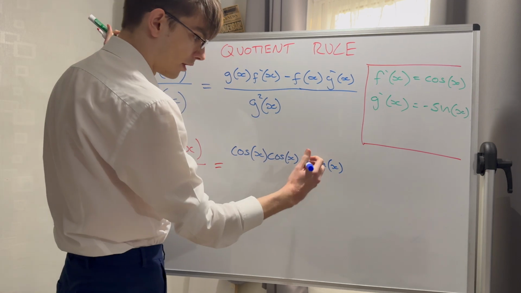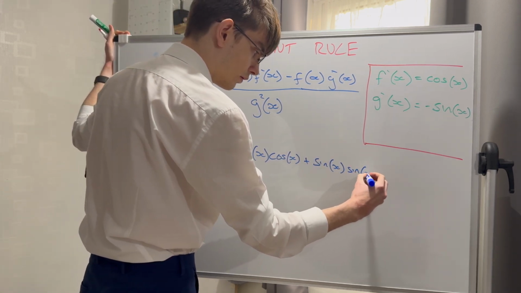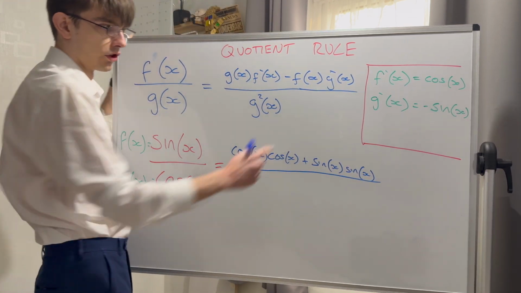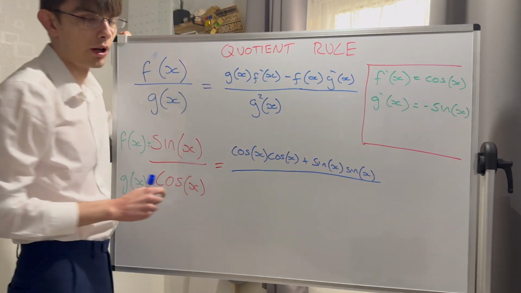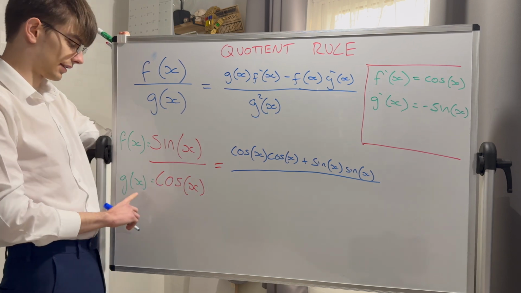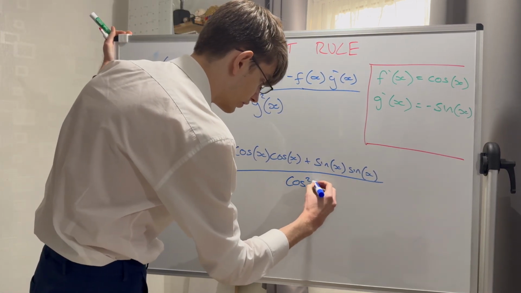I'm going to combine that minus and this minus. So just that minus sign there I combined with that minus there. All divided by g squared of x, which is just the bottom function squared, so cos squared x.